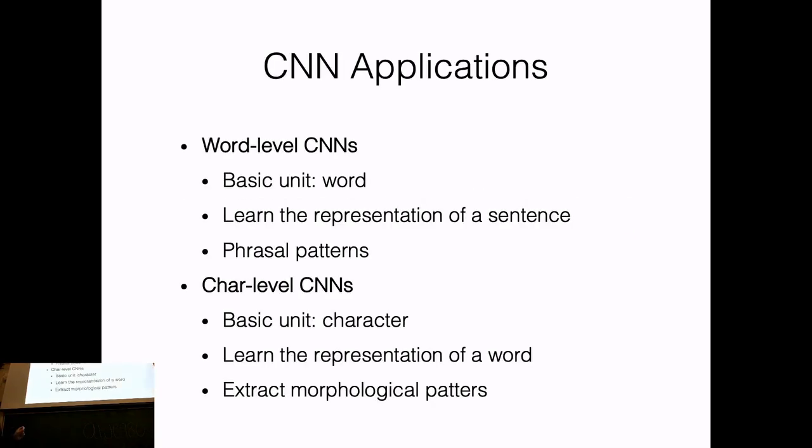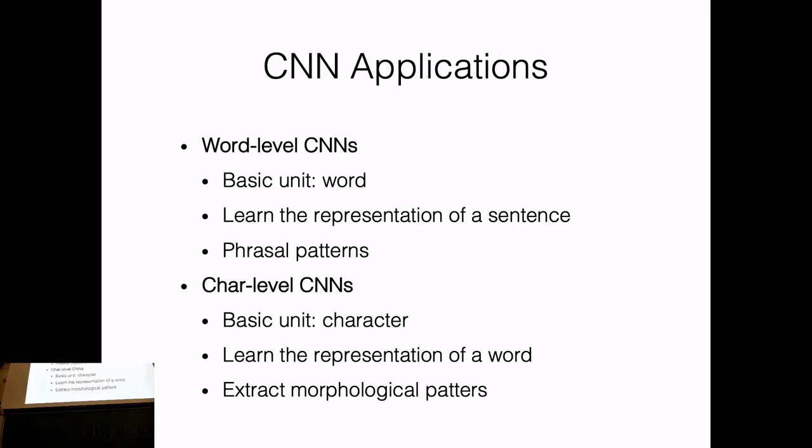In what follows, I would share some common applications of the convolutional network in natural language processing. Generally, I think the applications of the CNN could be summarized into two categories. The first is word level CNN and the second is character level CNN. So what does it mean?